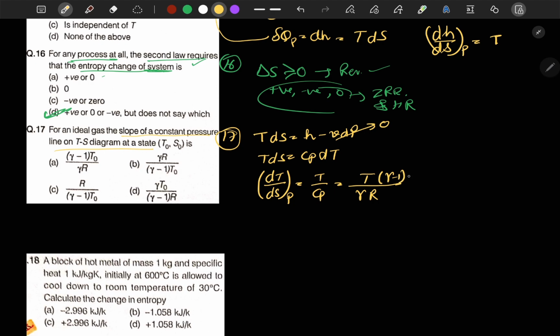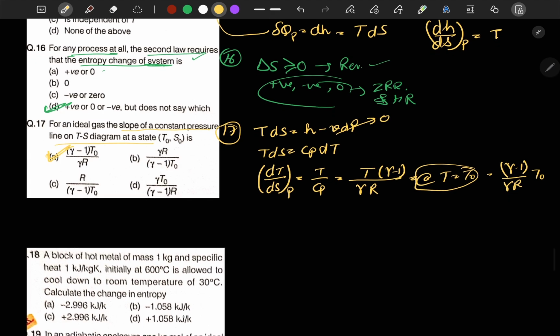After substituting it here at temperature T is equal to T naught, we can write it as gamma minus 1 divided by gamma R times T naught. So option A should be the correct one here.